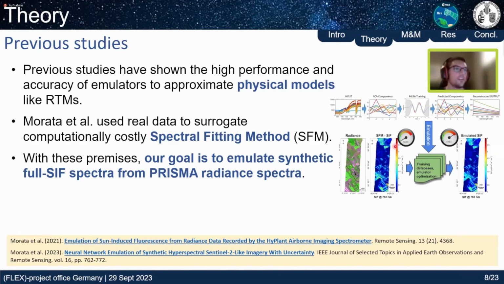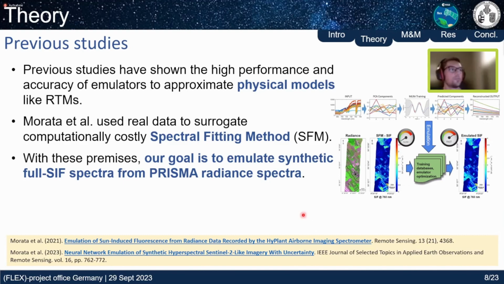To give an idea, the SFM takes some days to process an entire flight line from HyPlant, and the emulator only takes a few seconds to process the same entire tile. So finally, the emulator can surrogate the SFM at very low computational cost.